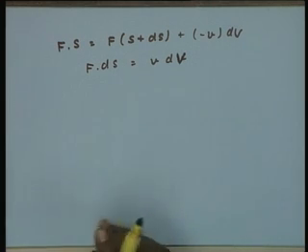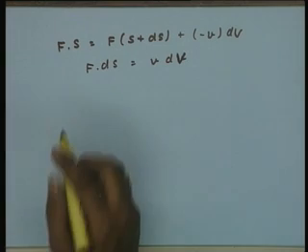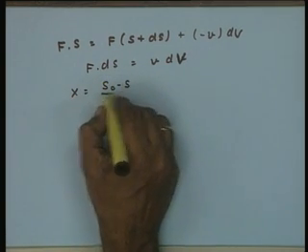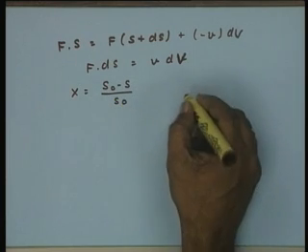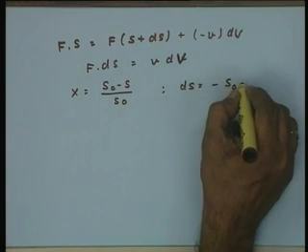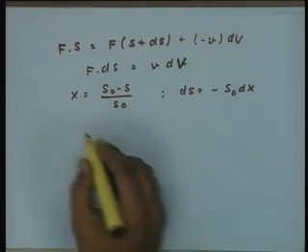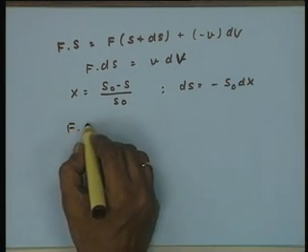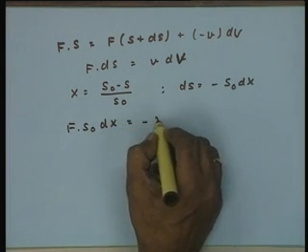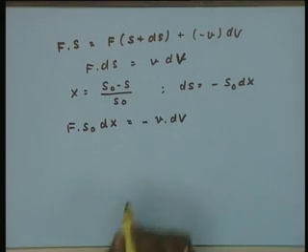Now, here also for a fractional conversion, if x is equal to S naught minus S upon S naught, one can define dS is equal to minus S naught dx, and if you substitute you get F S naught dx equal to minus v into dV.